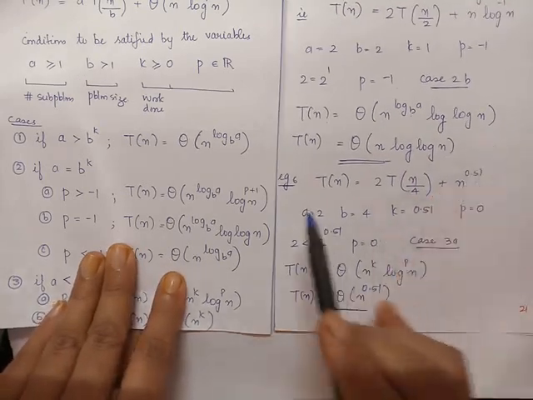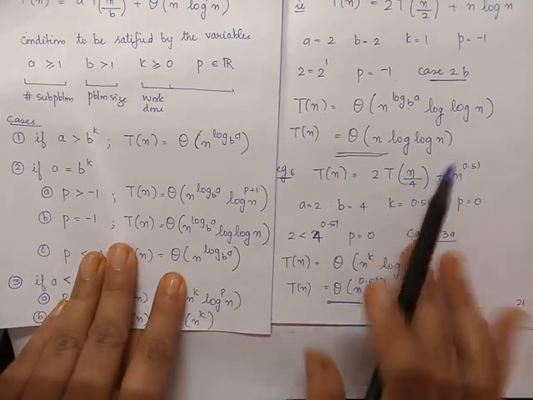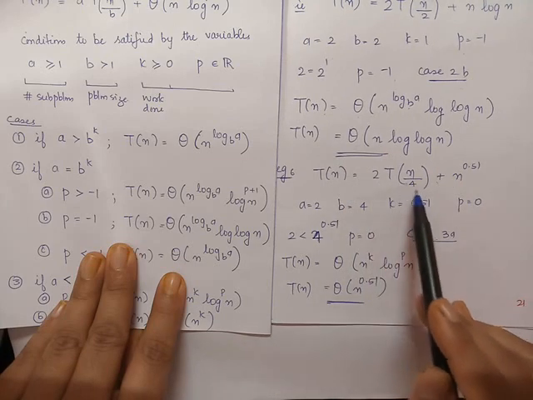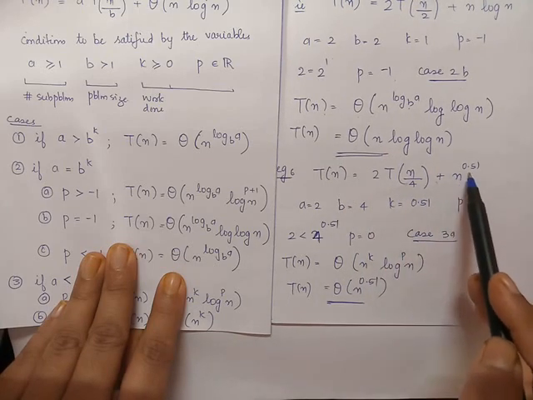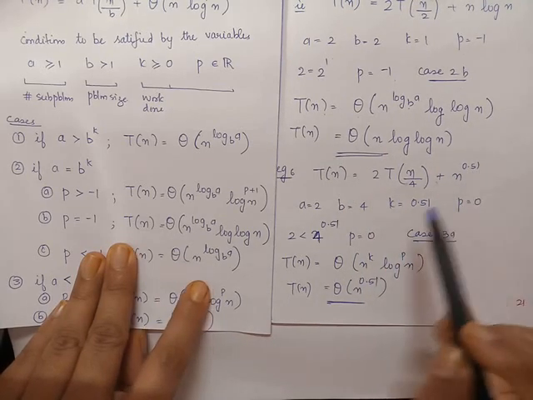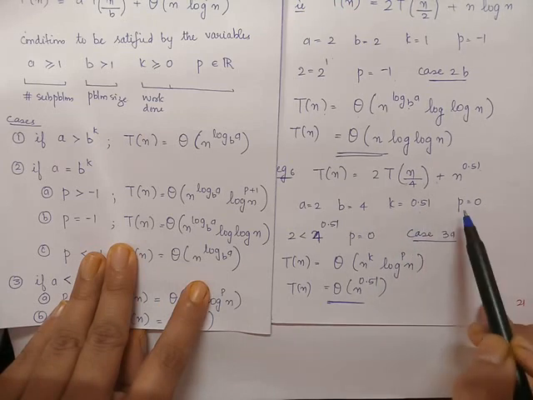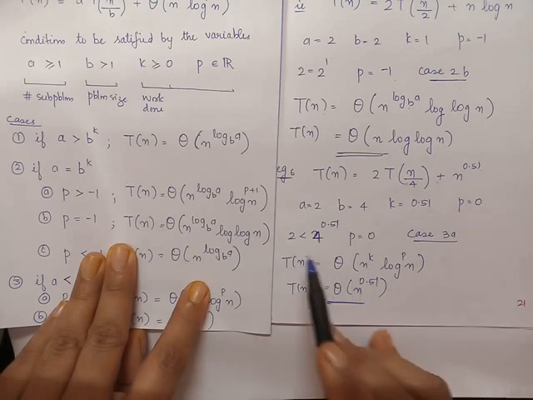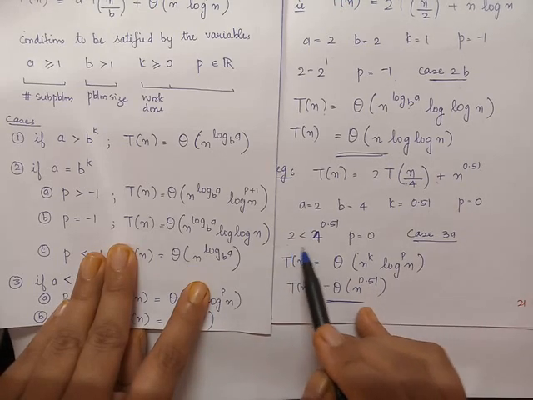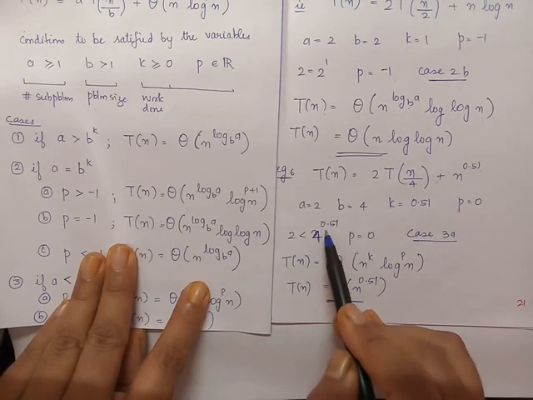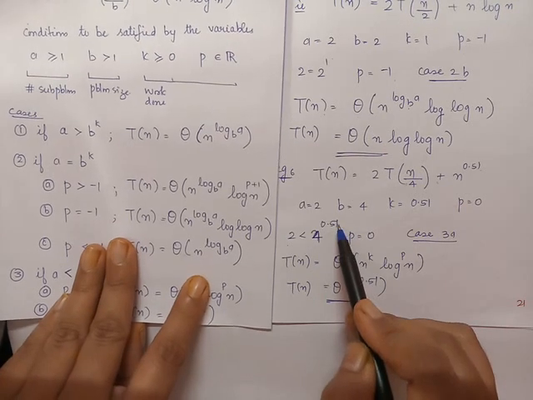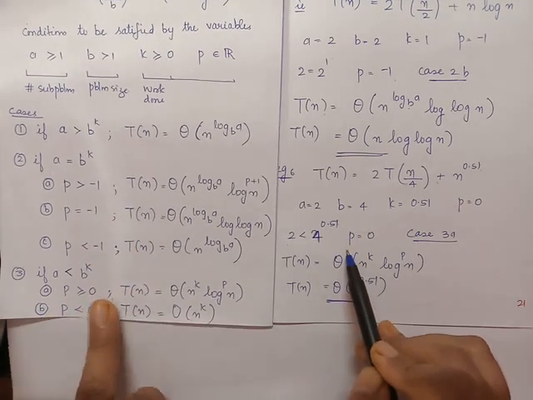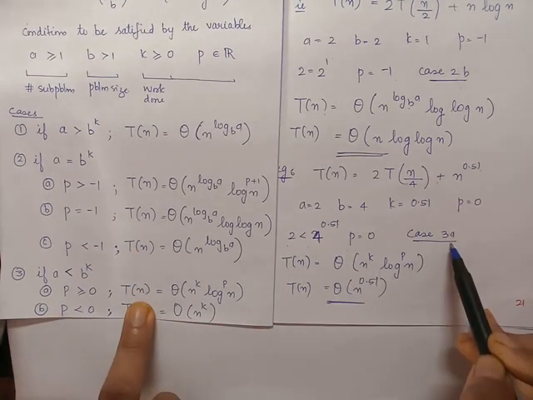Now the next example we have T of n is equal to 2 times T of n by 4 plus n raised to 0.51. Here k is equal to 0.51, p is equal to 0, a and b are 2 and 4 respectively. Here we can see that a is less than b raised to k and p is equal to 0. That means we are in case 3a.